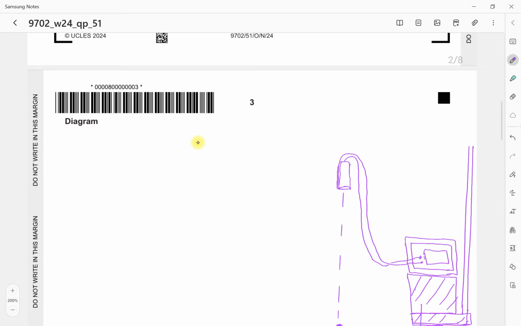So this is going to act as my timer, digital timer.